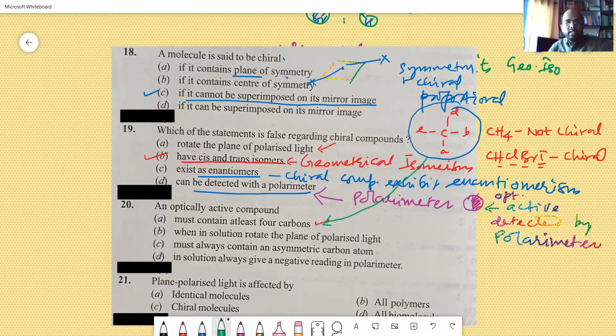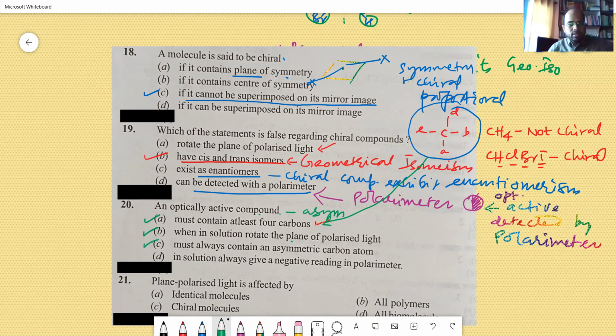When in solution, it rotates the plane polarized light. That is also true. An optically active compound is a chiral compound, has an asymmetric carbon atom. And when in solution, it rotates the plane polarized light. Must always contain an asymmetric carbon atom. This is also true.